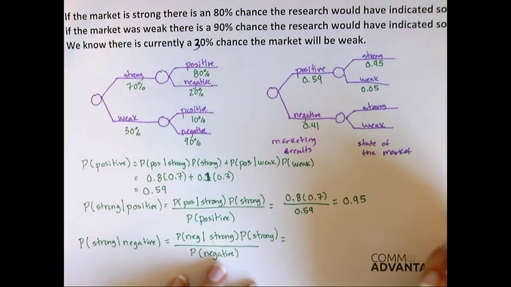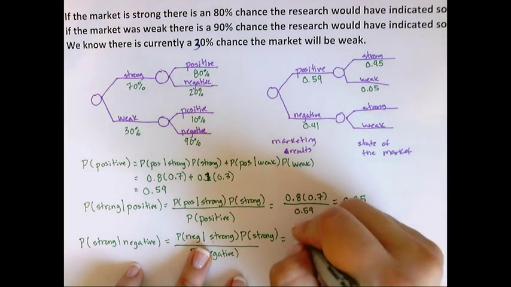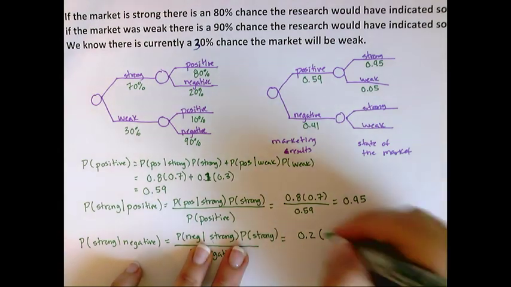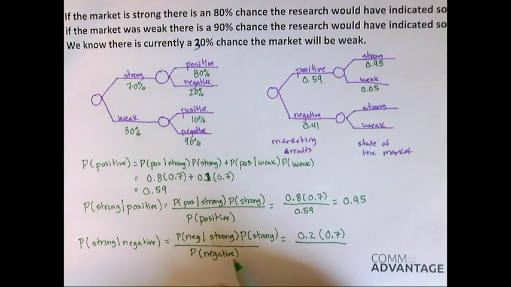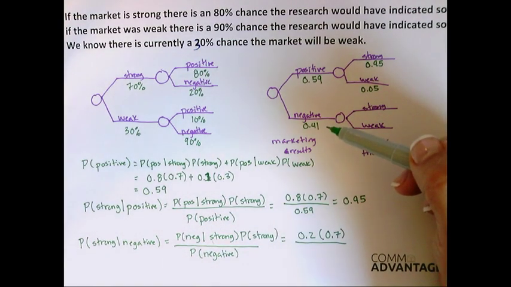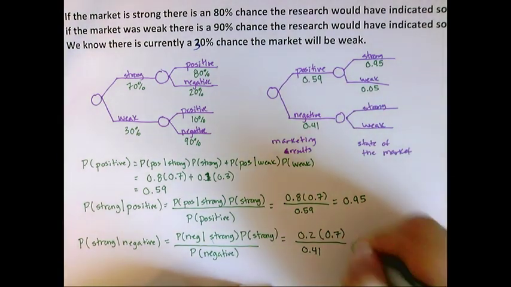So my probability of the results being negative given I had a strong economy was 20%. The probability of even having a strong economy is 70%. And the probability of the research coming out negative, well, we had found that before, and that's 0.41. Okay?